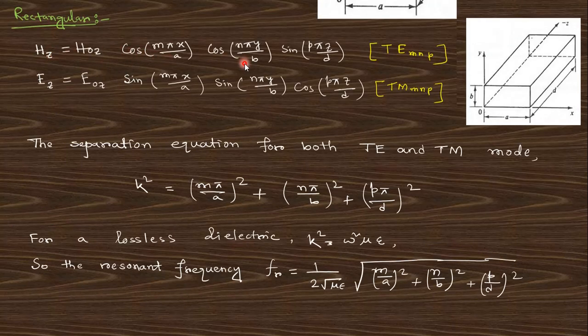In the case of the rectangular waveguide, the magnetic field and the electric field will be like this, and the corresponding separation equation in both cases, transverse electric or transverse magnetic mode, will be like this. For lossless dielectric, this C square will be omega square mu epsilon, and the corresponding resonant frequency for this rectangular waveguide will be like this.